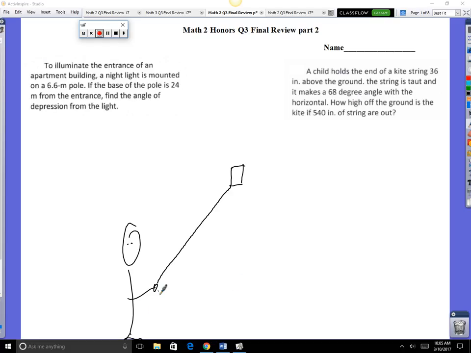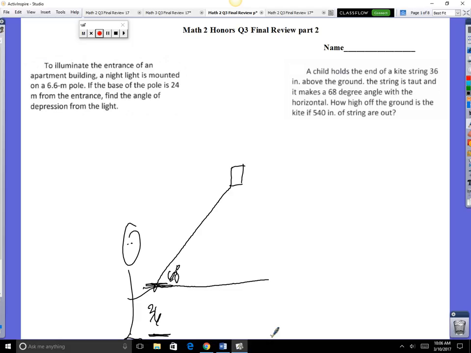From here to the ground is 36 inches, and the string makes an angle of 68 degrees.